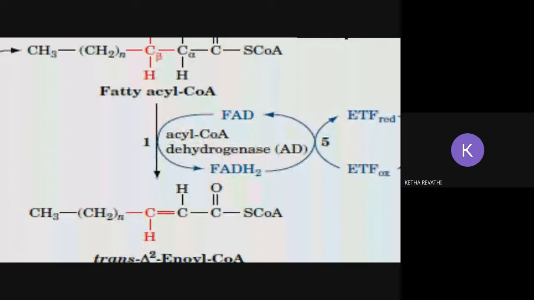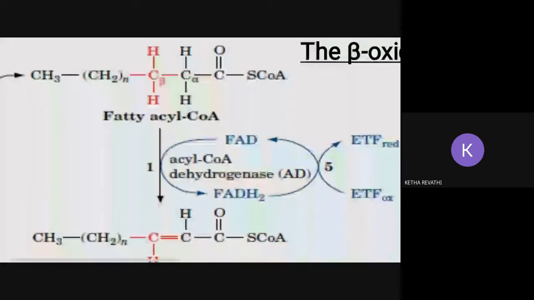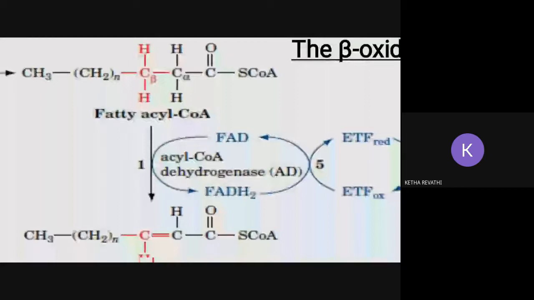What is meant by reduction? Addition of hydrogens. So what happened in this reaction? See, this is the beta carbon atom. The beta carbon atom has two hydrogens. See in the structure, in the red mark, the beta carbon atom is there. That beta carbon atom has two hydrogens.